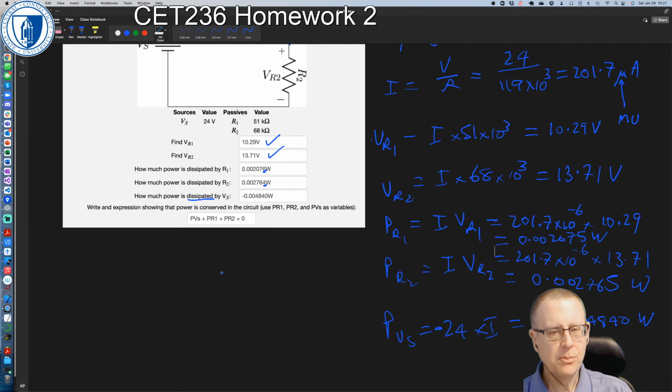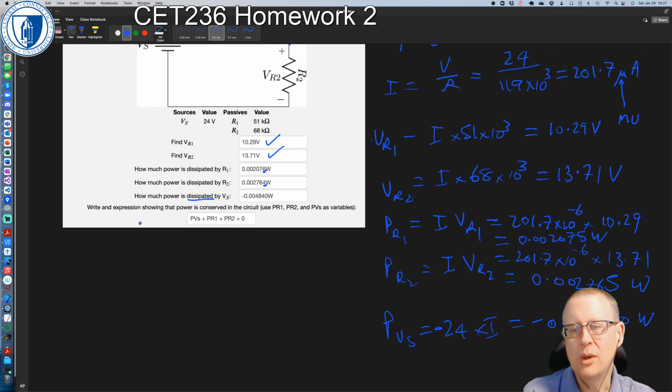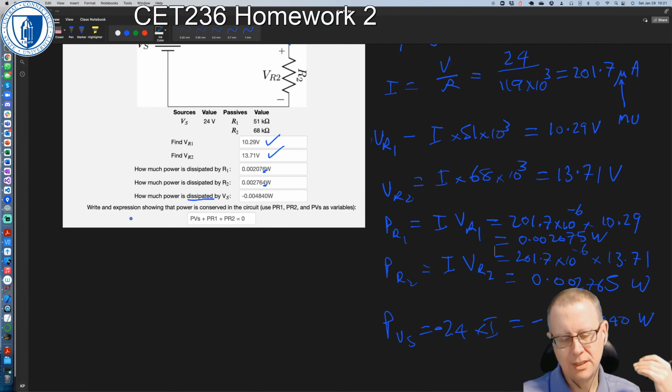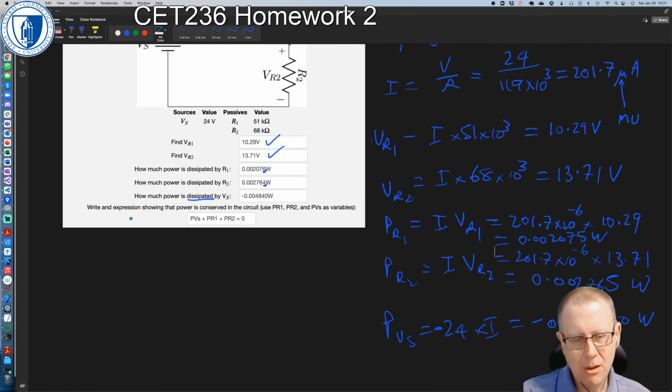And one problem with this last question, right? Write an expression. You nearly always want to think about power going in one direction all the time, and that some of the powers will be negative, right?